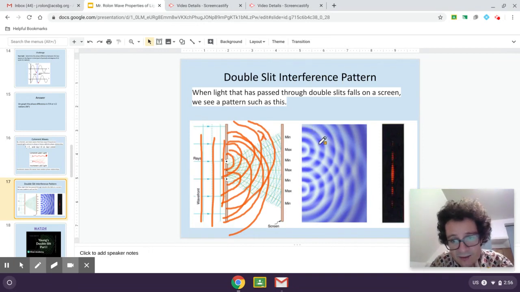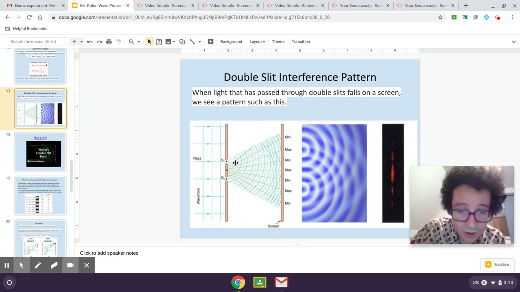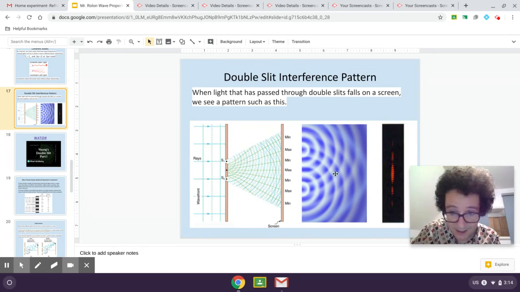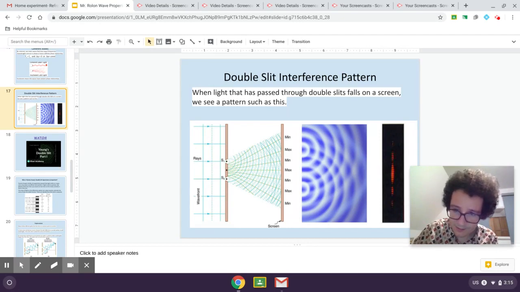So what are we going to have at the end? We're going to have something like this. So what's going to happen here? This is the representation of these two. There are going to be different waves that interfere with each other, and they will have constructive interference and destructive interference.